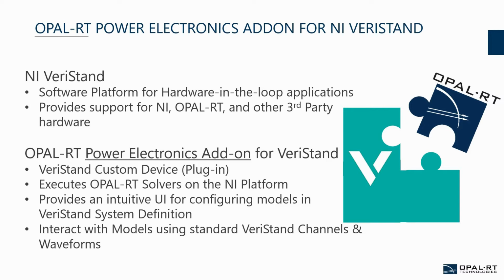The Power Electronics Add-on is a VeriStand custom device which executes OPAL-RT solvers on the NI platform. It provides an intuitive UI for configuring models in the VeriStand system definition. The data generated from the models is exposed to the user through VeriStand channels and waveforms. If none of this makes sense to you, that's okay. We're going to have some demos that are going to try to make it a little bit clearer.